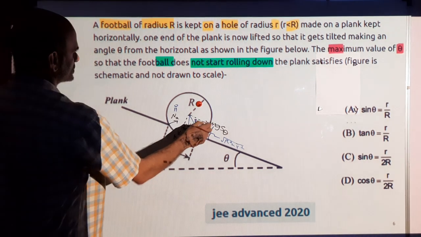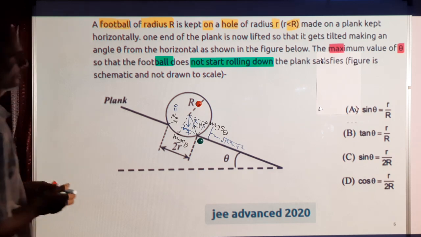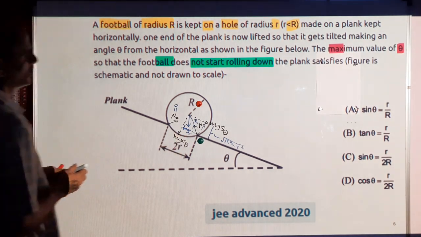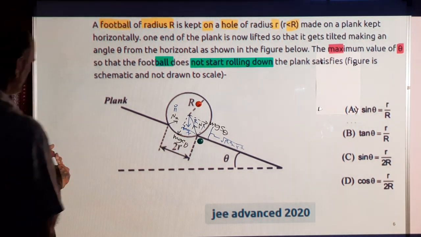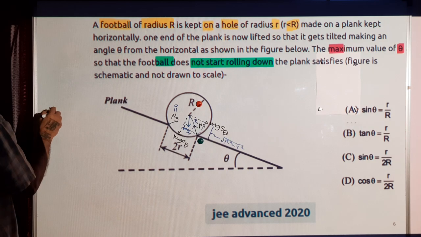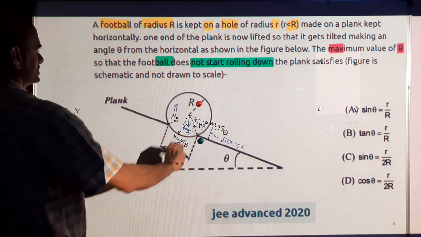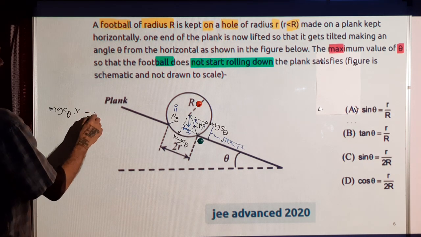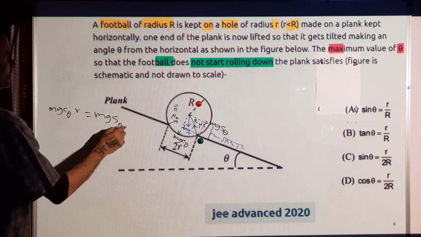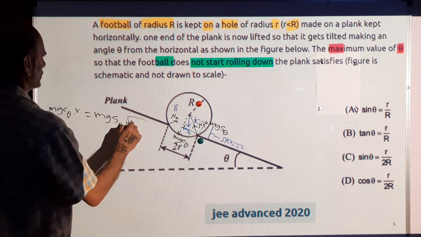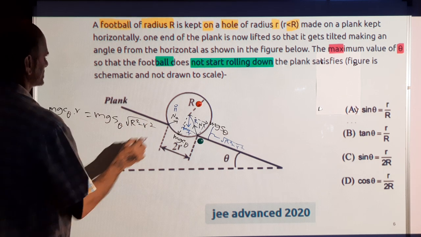So the distance of this force about this point is this one, and for this force the distance is r. So this will produce an anti-clockwise torque mg cos theta into r, and the clockwise torque is mg sin theta into the perpendicular distance, square root of R square minus r square.